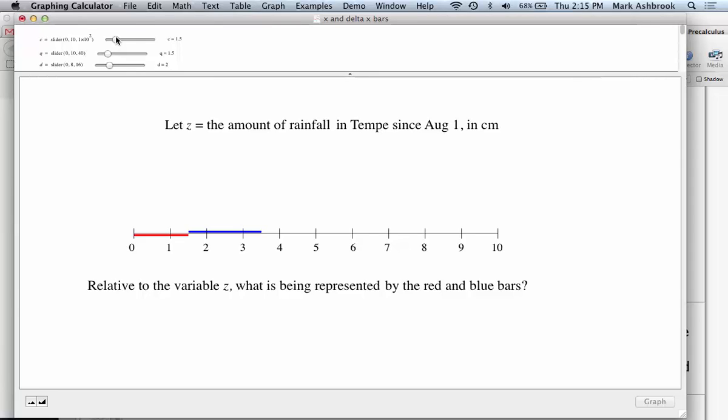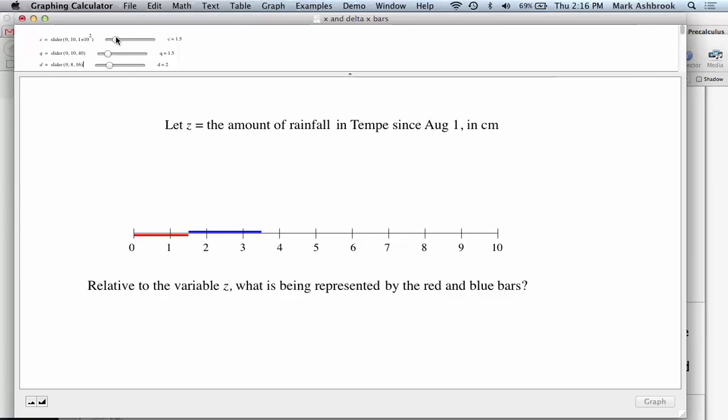Okay, so we said Z equals 1.5 and then a change of Z from 1.5 to 3.5. What do you think about that? Okay, so then who can tell me the same story talking about the rain? So same thing, interpret in terms of the rain. What is this telling us about the rain?